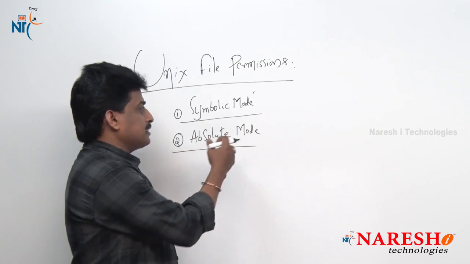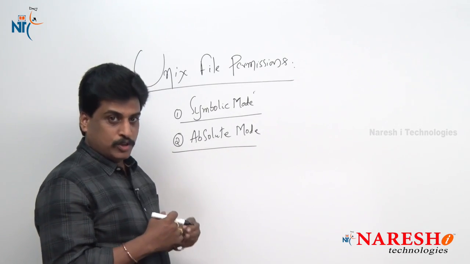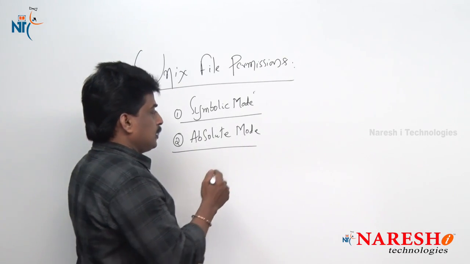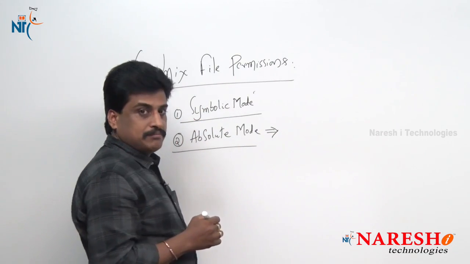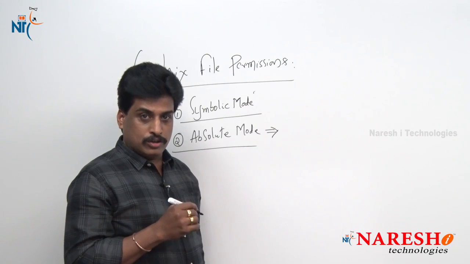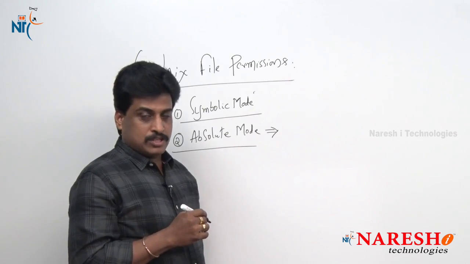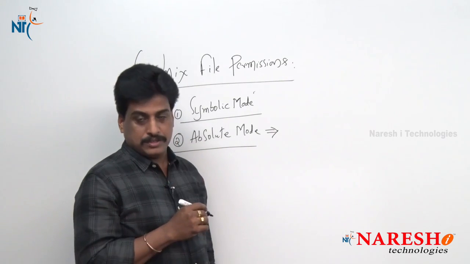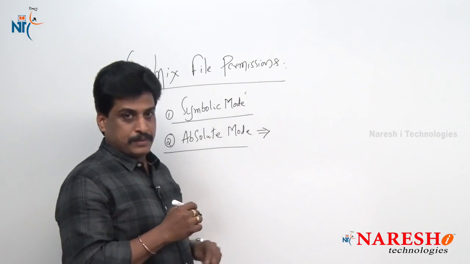We have observed symbolic mode practically. Now we can see absolute mode in detail. Absolute mode's principle is the octal number system principle, which means it follows the numbers 0 to 7. These 7 numbers indicate file permissions. First we will see the absolute mode principle.